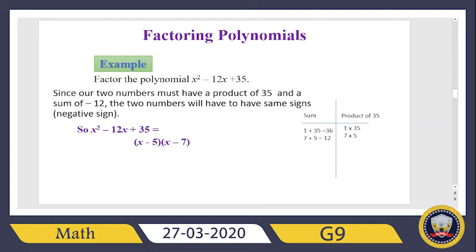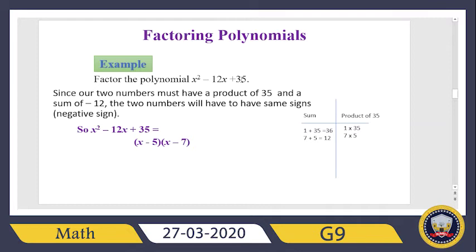Here is the first example in our session today. Factor the trinomial x squared minus 12x plus 35. As we said yesterday, the first thing I should ask myself is: does this trinomial have any common number or variable?